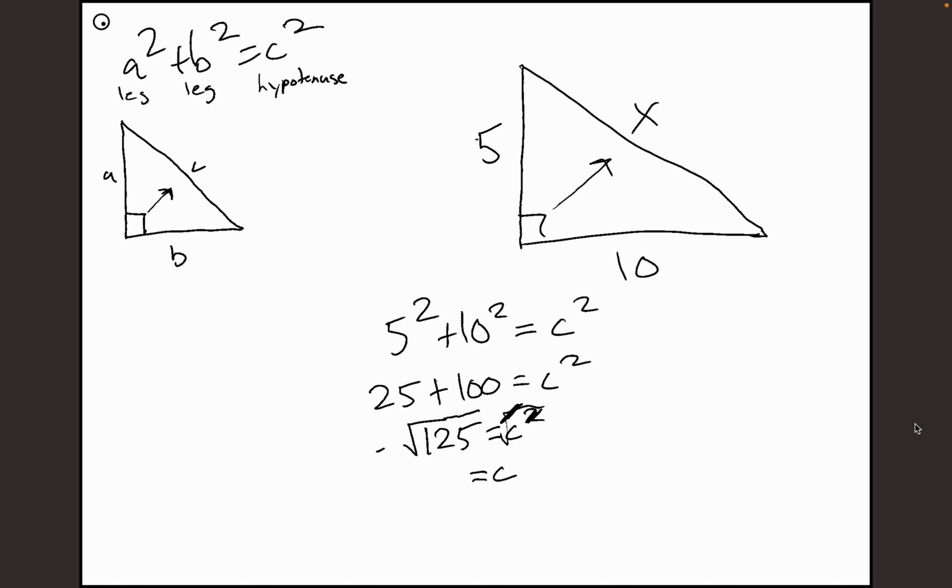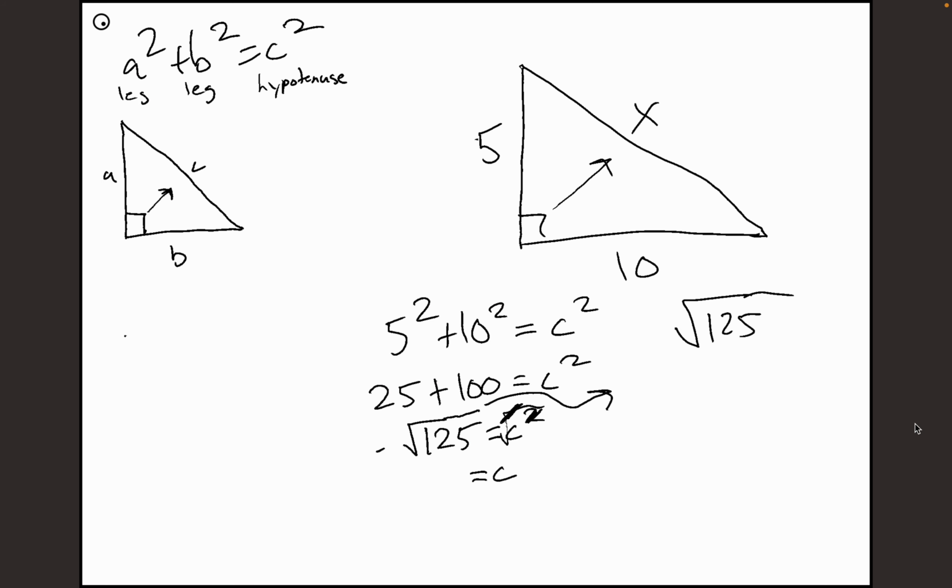So I'm going to move this 125 over here, and I need to create my tree and figure out what can come out of it. How can I simplify this? The biggest thing you need to remember are the main square roots.